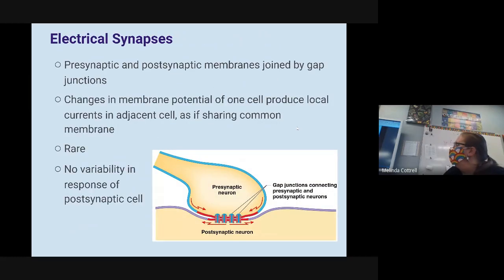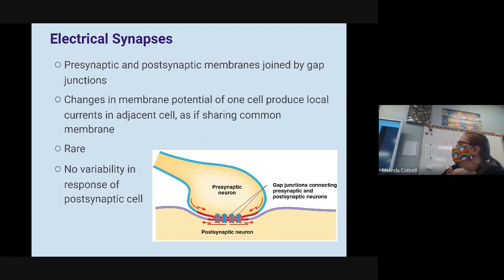Okay, electrical synapses we have not talked about. They are not common. However, they are found in the brain and spinal cord. This is a synapse that is joined by a gap junction. So this is one of those cellular junctions. A gap junction, and you can kind of see it down here, connects one membrane to an adjacent membrane. And there's a channel. So the axon terminal of the presynaptic neuron is connected to the dendrites of the postsynaptic neuron.